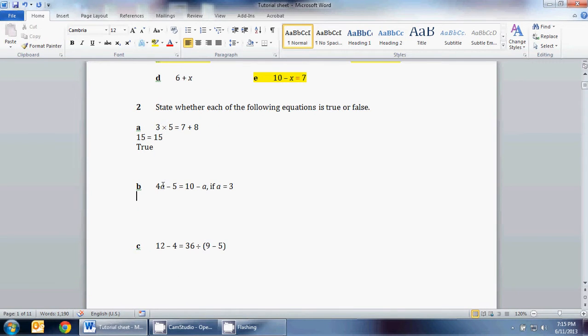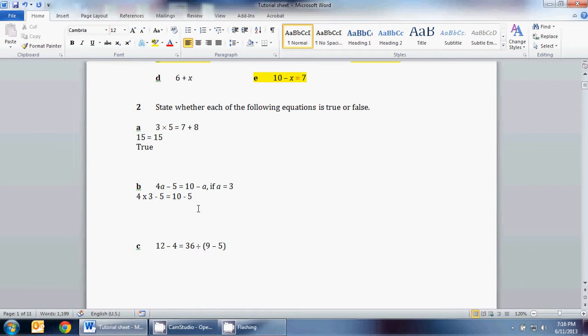Let's have a look at this one. 4a minus 5 equals 10 minus a. And it's saying if a equals 3. So all we do is substitute. So 4 times a minus 5 equals 10 minus a. So we've taken the a's out, okay, and we've put in the value of a itself, which is 3.